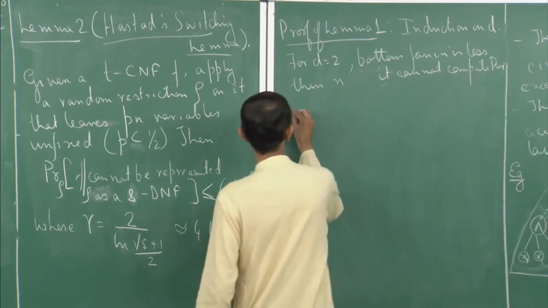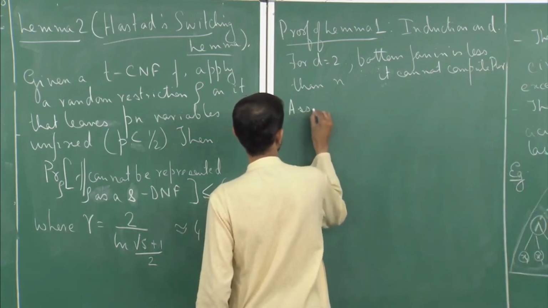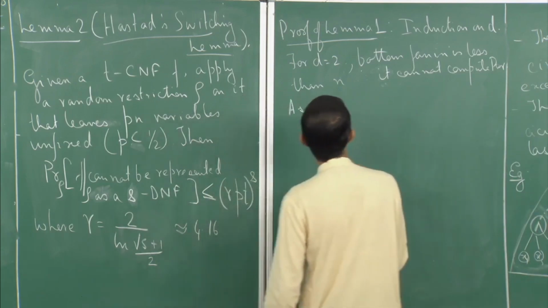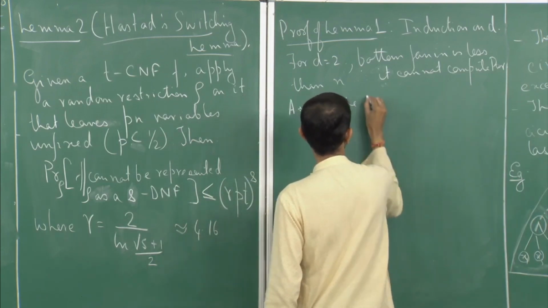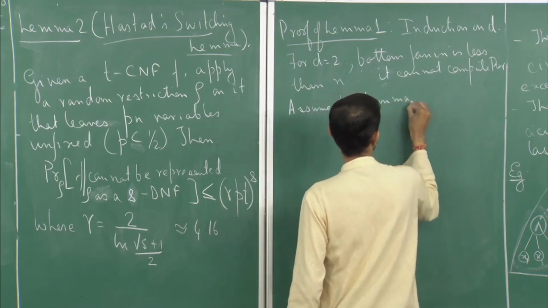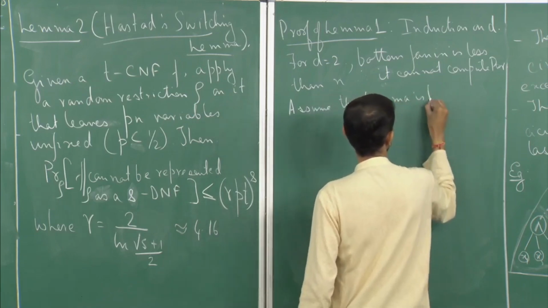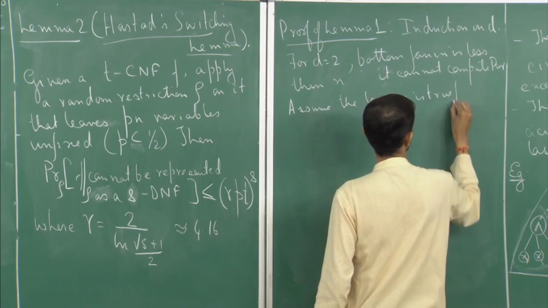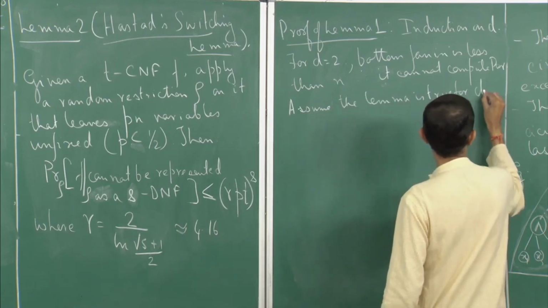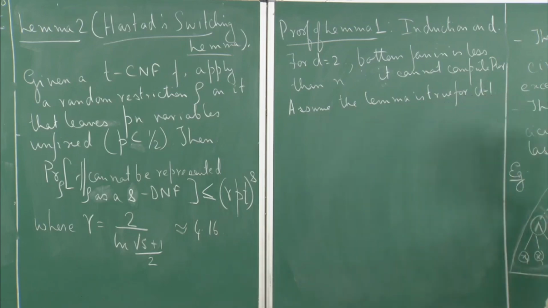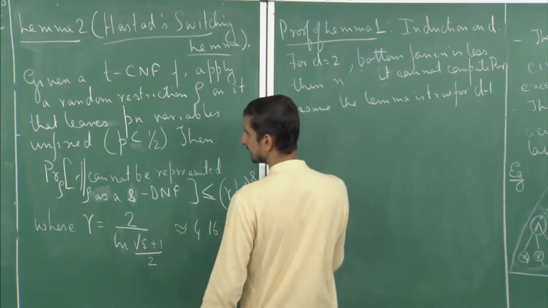Now, let us assume the lemma is true for some D minus 1, greater than or equal to 2. What does that mean?